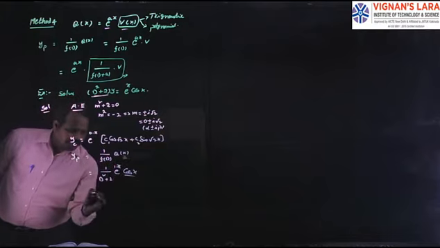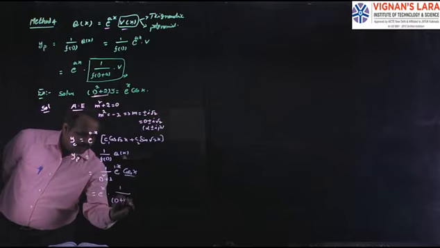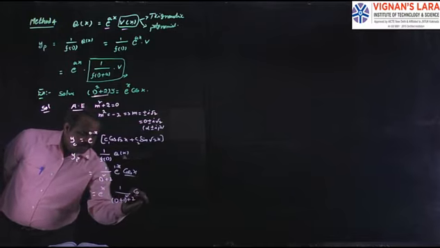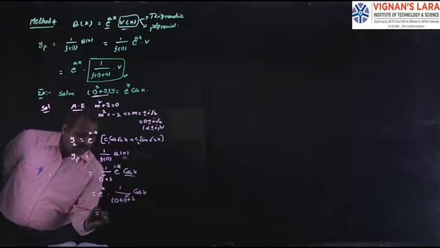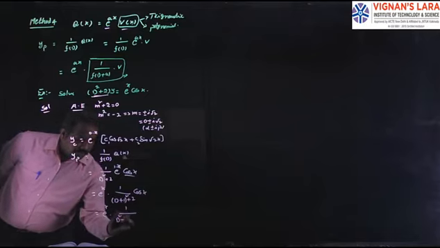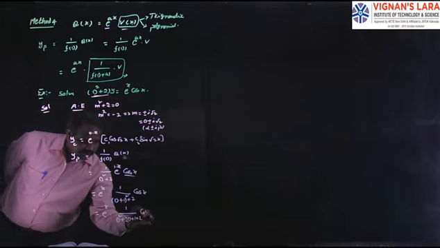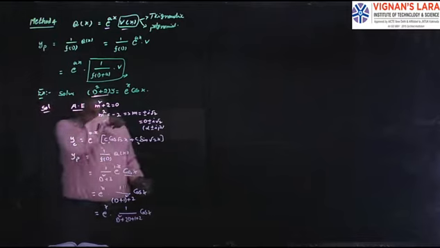So write this e power x in front and replace D with D plus 1 into cos x, which is equal to e power x into, expanding this, 1 by D square plus 2D plus 1 plus 2 into cos x.